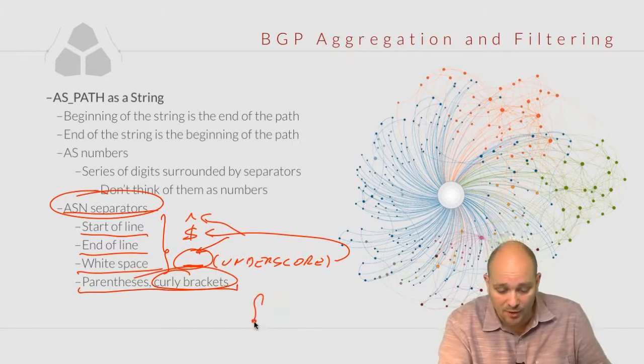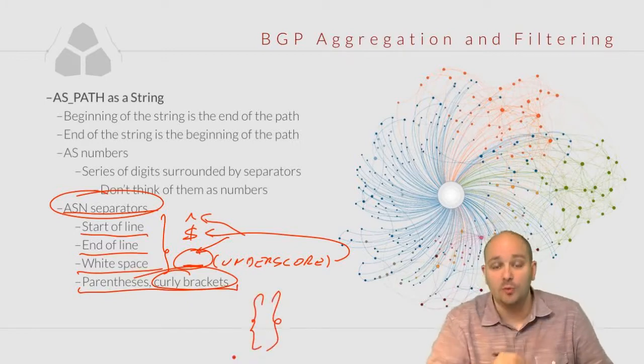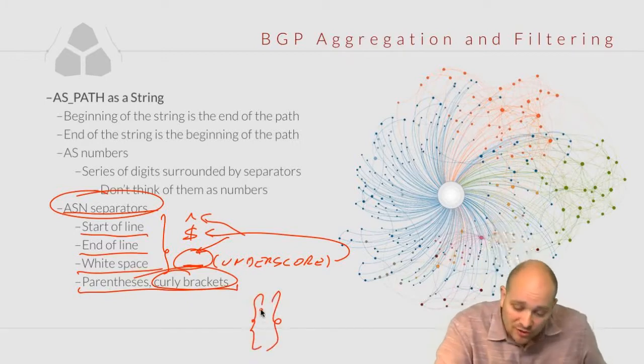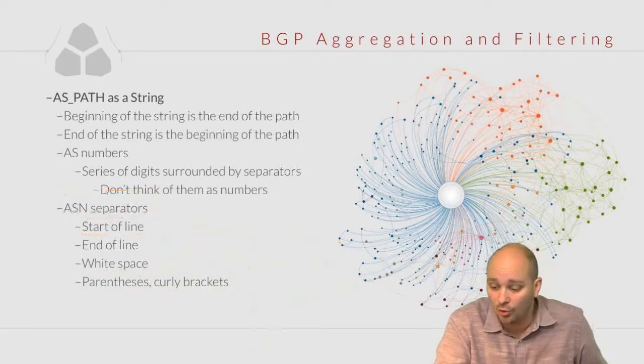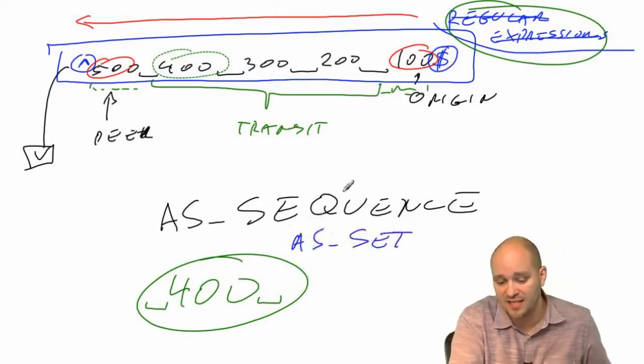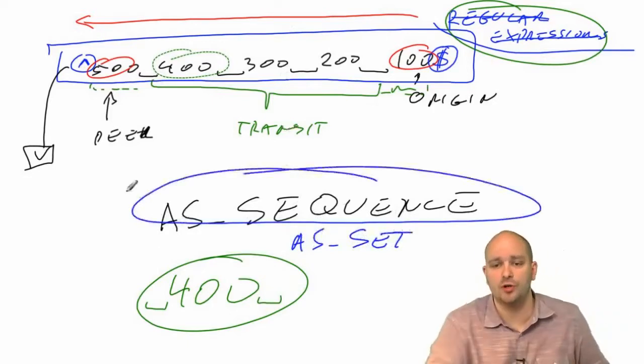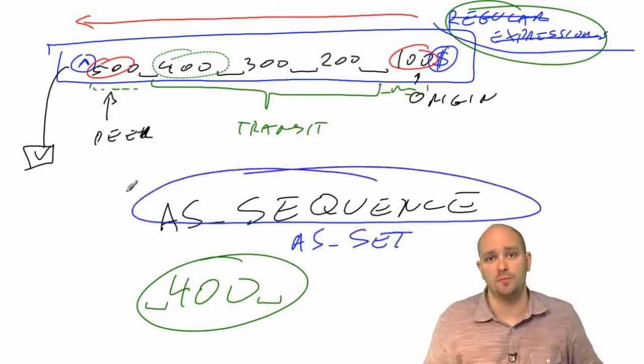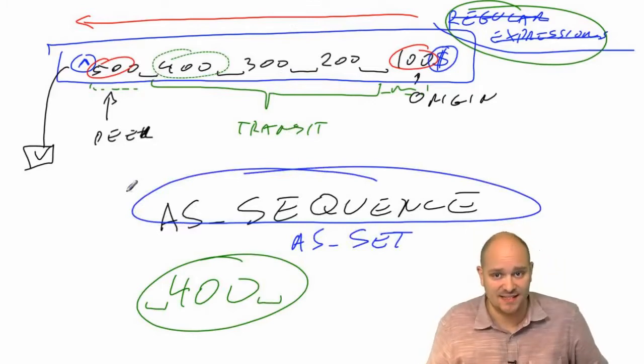If you see curly brackets in your AS path, what we are dealing with are the contents of the AS set. So AS set can also be matched using our regular expressions, but the primary filtering that you are going to encounter is going to be based on the AS sequence.